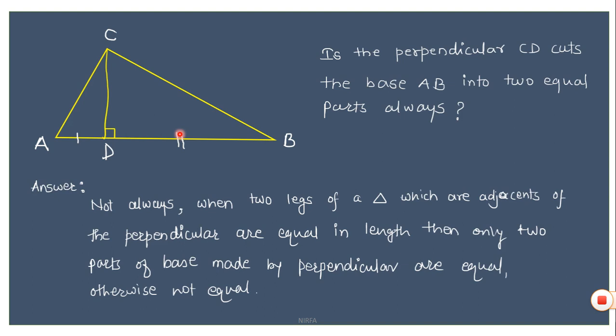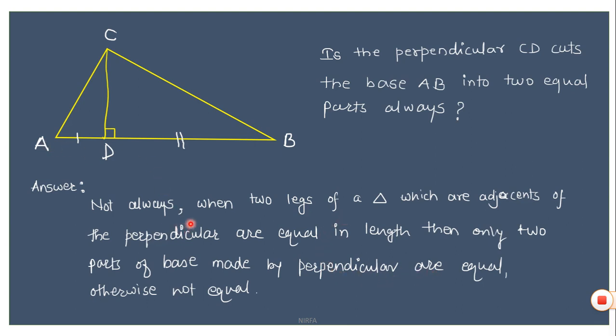It's not possible always. When the two legs of a triangle, which are adjacent sides of the perpendicular, are equal in length, then only the two parts of the base made by that perpendicular are equal, otherwise not equal.